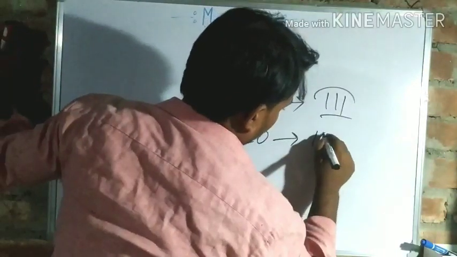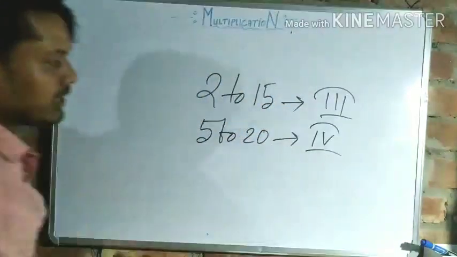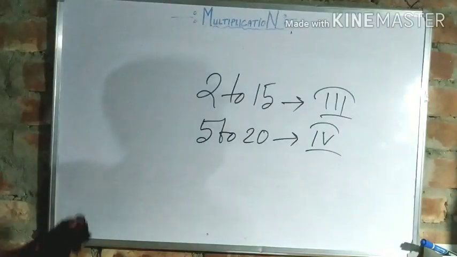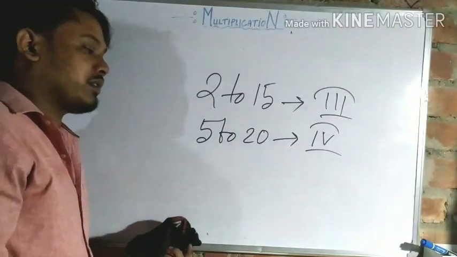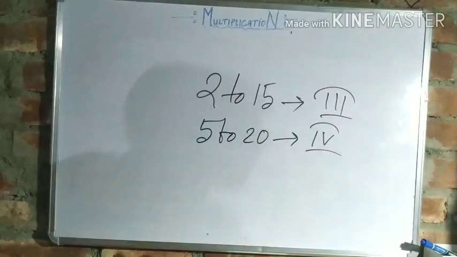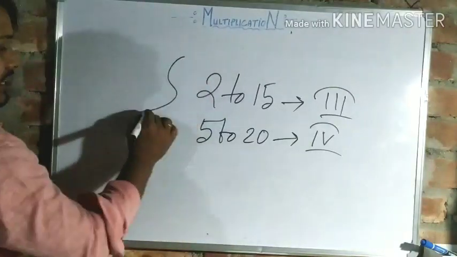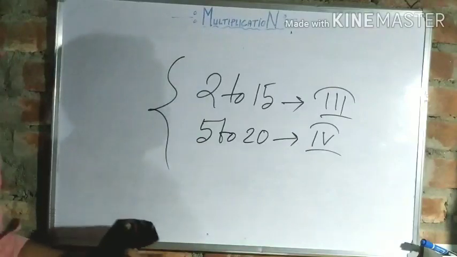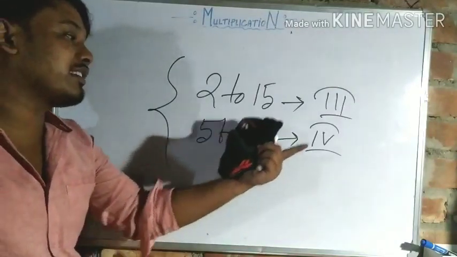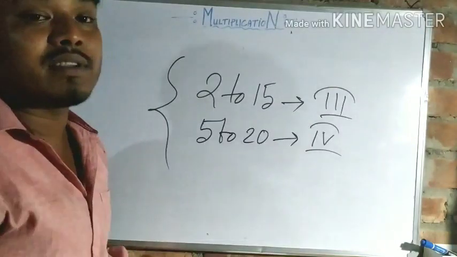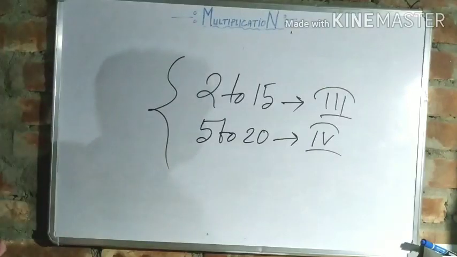After that you open your book and try to solve the first exercise or second exercise, but before you solve the exercise, first you memorize the table. Multiplication table is a must. Okay, so tata.